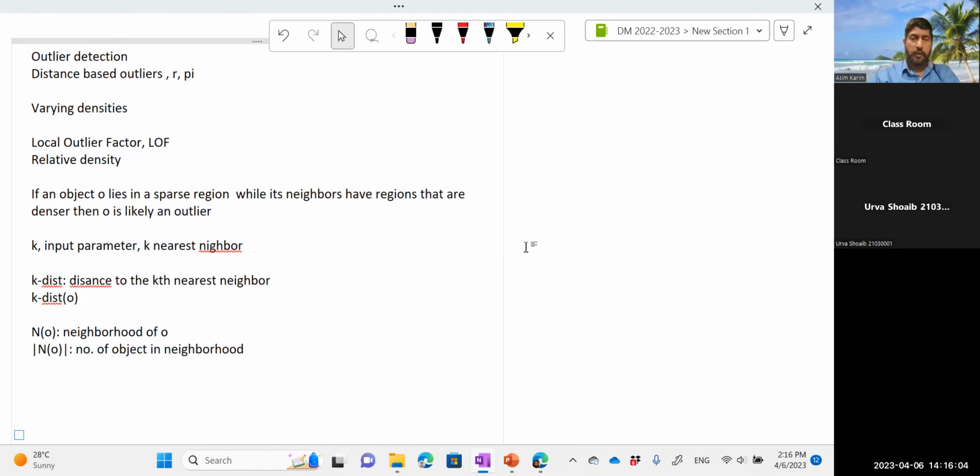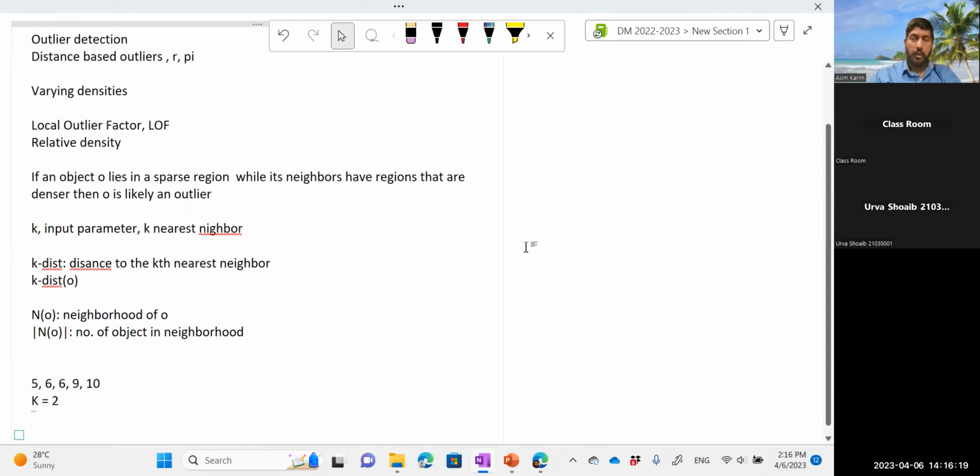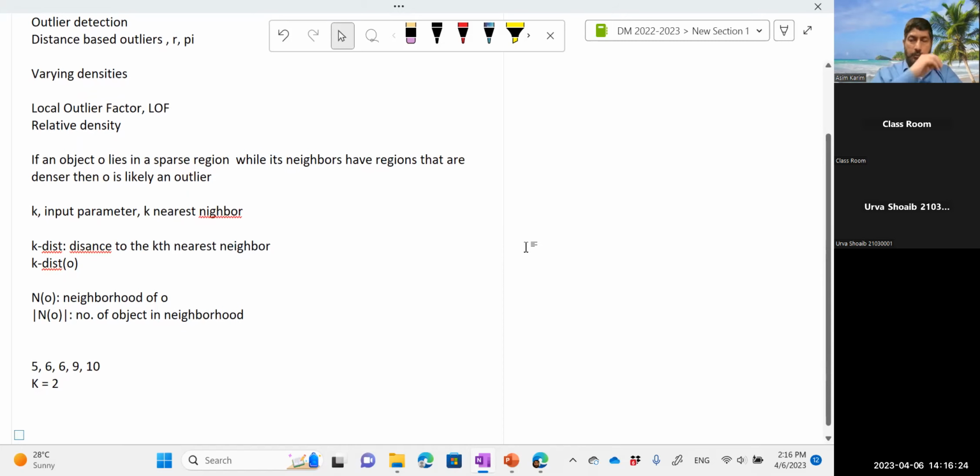1D data set लेते हैं, let's say 5 है मेरे पास, 6 है, 6 है, 9 है, and let's say 10 है. ठीक है? So if I take O as 6, the first object, and k let's say I say 2 है, ठीक है, तो k is equal to 2, तो इसका neighborhood में क्या होगा, what would be N(O), so this would contain the object 5 obviously.